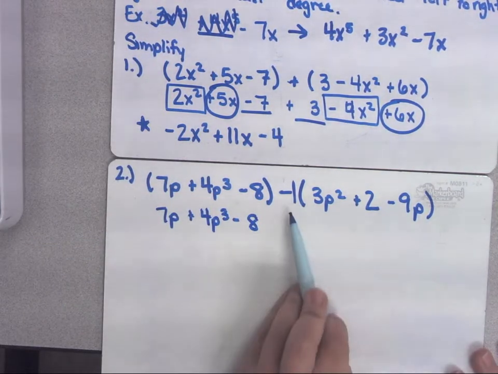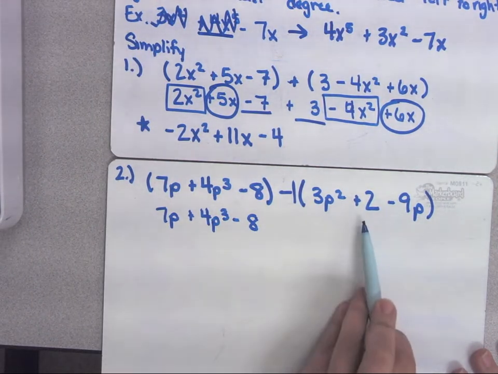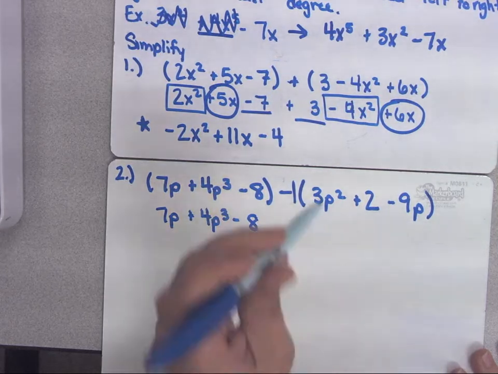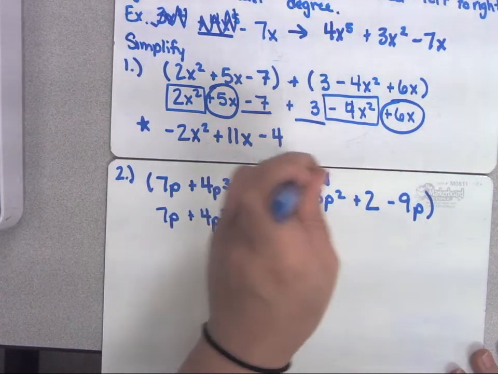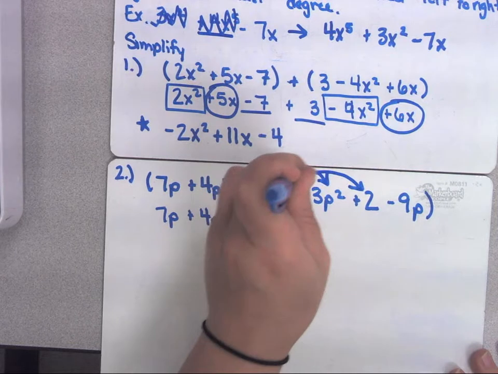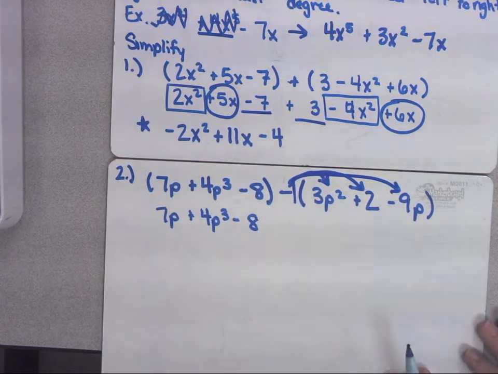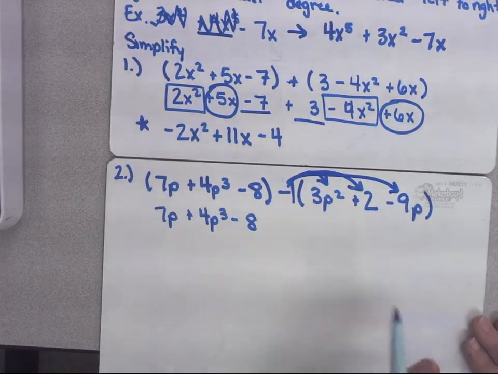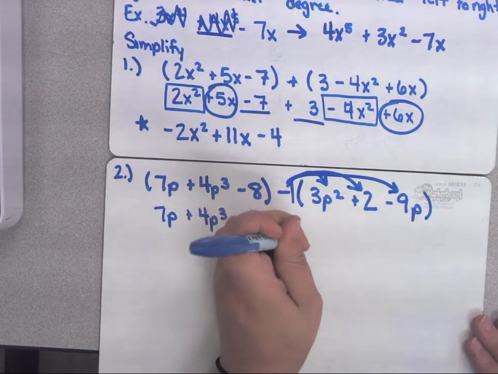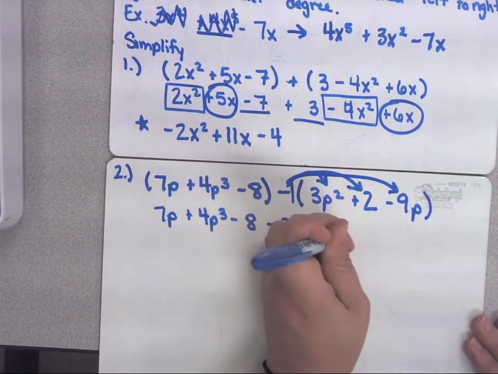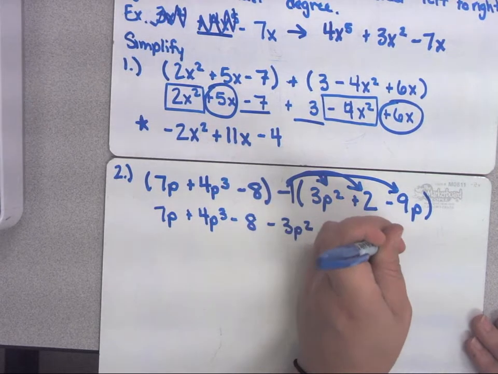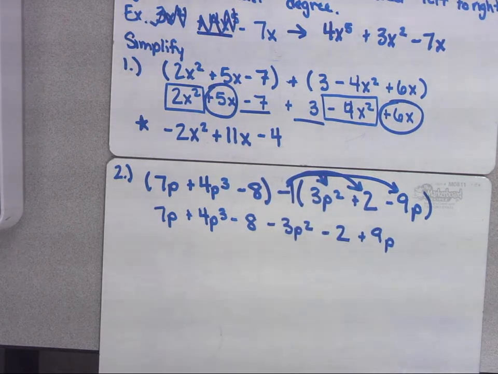But the second set has a negative 1 in front of it. Since it has a negative 1 in front of it, that means everything in the parentheses behind it is changed. So I'm going to take this negative 1 and distribute it to everything behind it, which really means all the signs are now the opposite. So now it's minus 3p squared, subtract 2, plus 9p. Doesn't change it much, but it will change your answer completely.